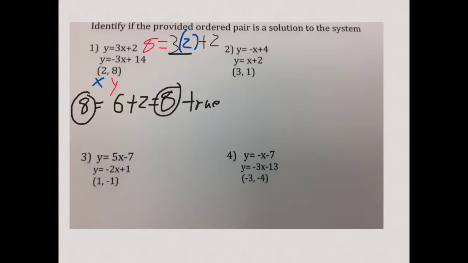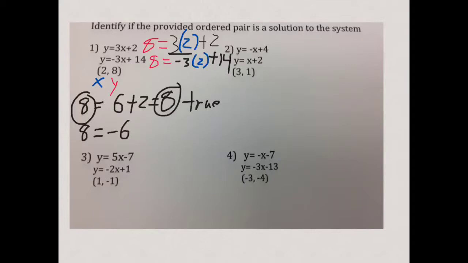Now, again, the second equation starts with 8. So 8 is equal to negative 3 times x, which is 2, plus 14. What's negative 3 times positive 2?